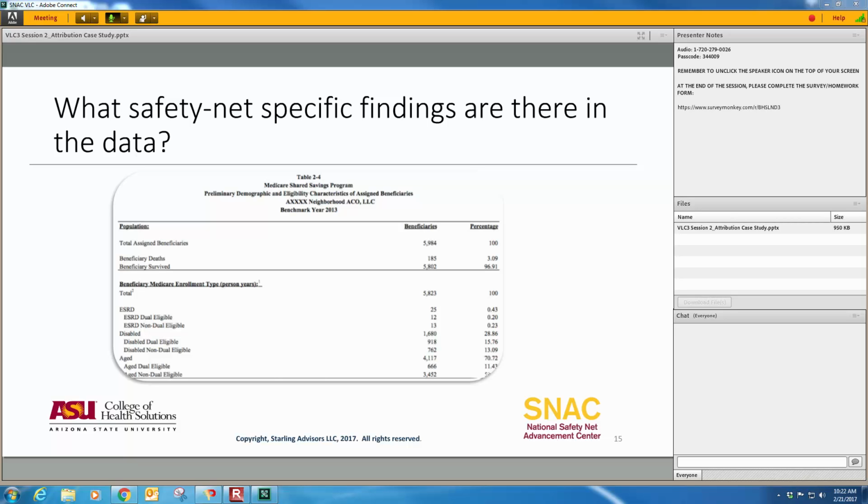It would be quite a bit lower typically in a non-safety net setting. We usually see that number much lower because we know the challenges of finding physicians who are able to care for Medicaid patients. End-stage renal disease is an interesting finding here.